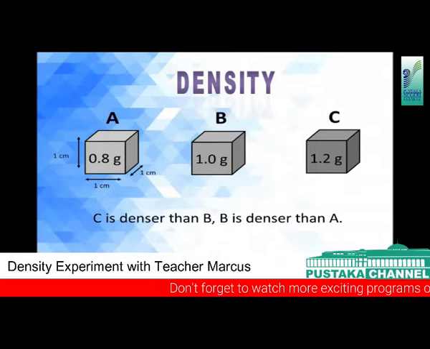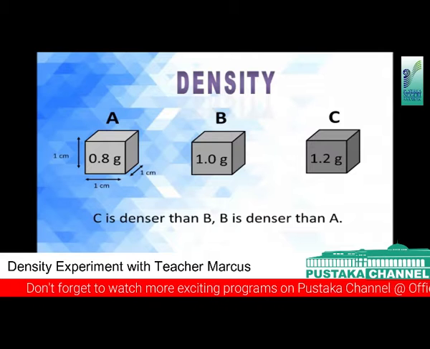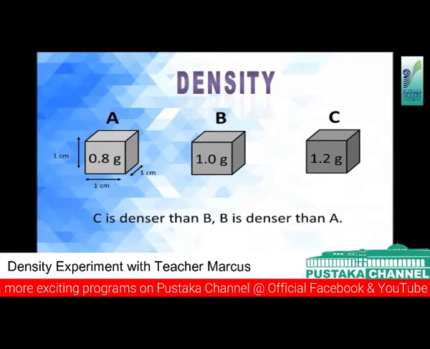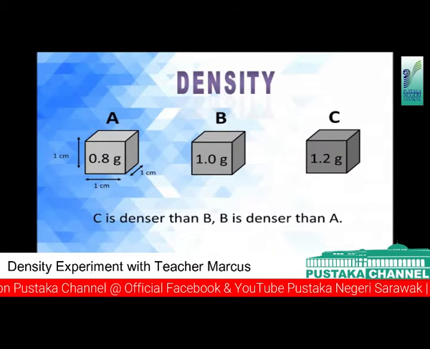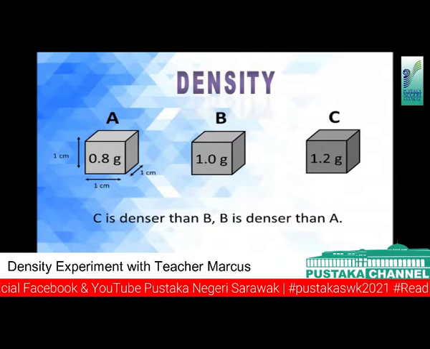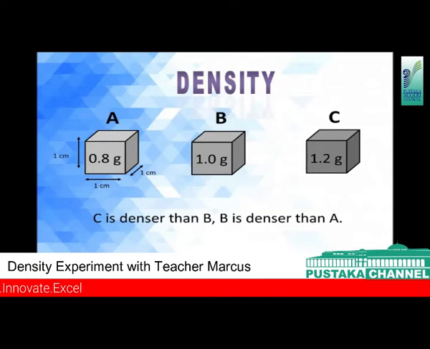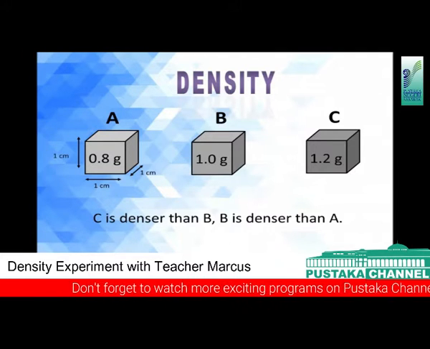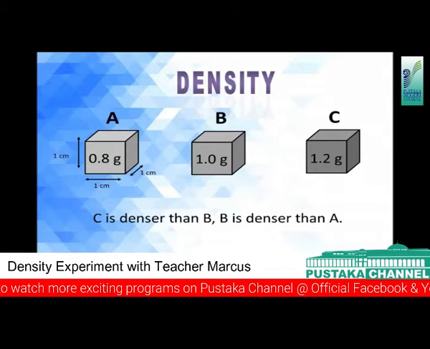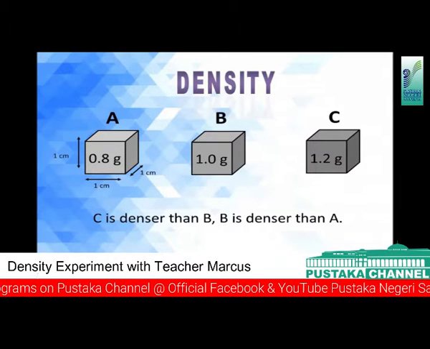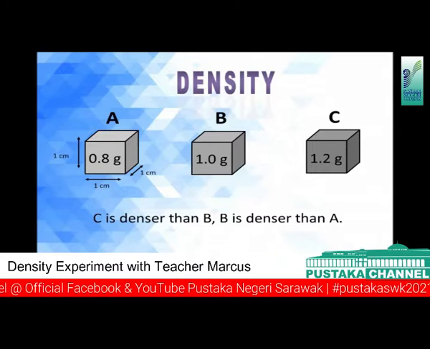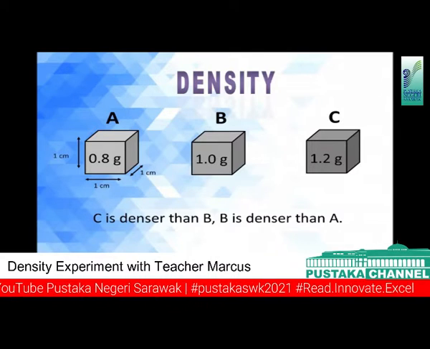Object A is only 0.8 gram, object B is 1 gram, object C is 1.2 gram. In this case, C is denser than B, and B is denser than A. If all three were liquid, A will float above B, and B will float above C. This is the explanation of density.